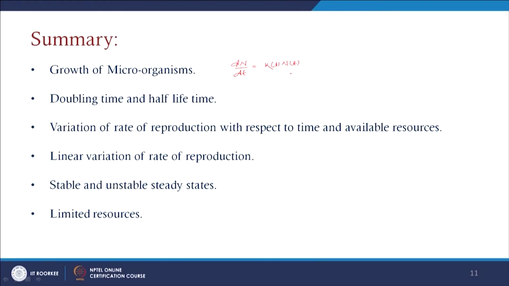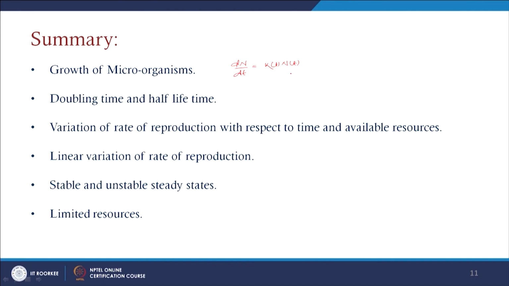Stable means that whatever resources or barriers we provide, after certain restrictions the population will maintain the same level. That is why it is very important to discuss the stability and instability issues for the growth of populations.